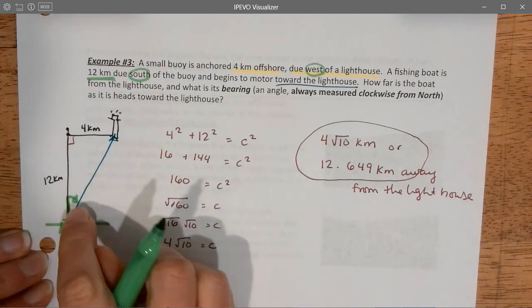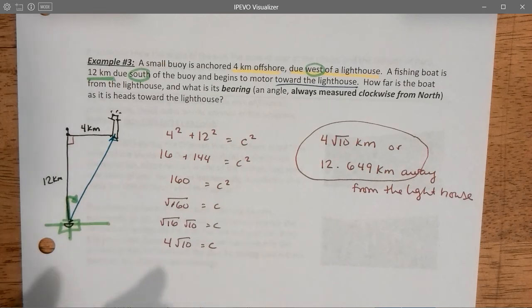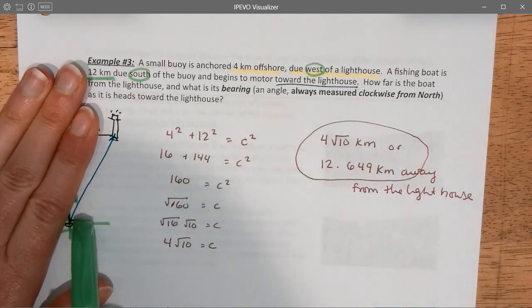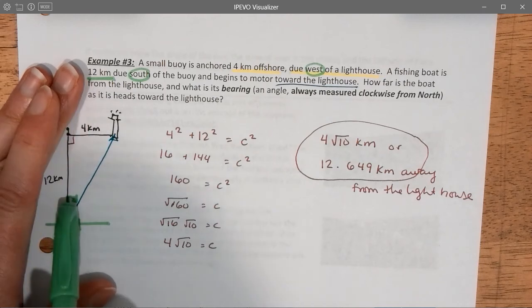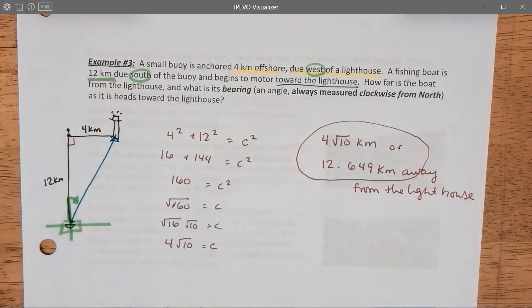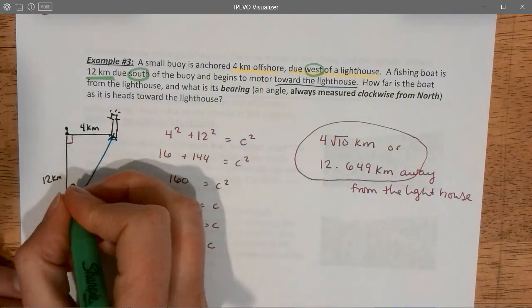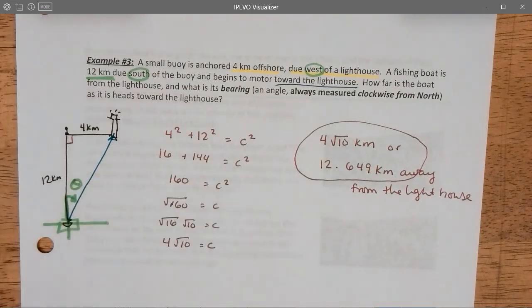Clockwise from north is going to be this angle right here. Okay? Sometimes I might have my triangle drawn on the other side, and I would find the angle in here and then find its complement to get the bearing. But right now, the bearing is going to be the angle inside this triangle. So we're going to call it theta. We're going to find that theta that is the bearing of this boat.